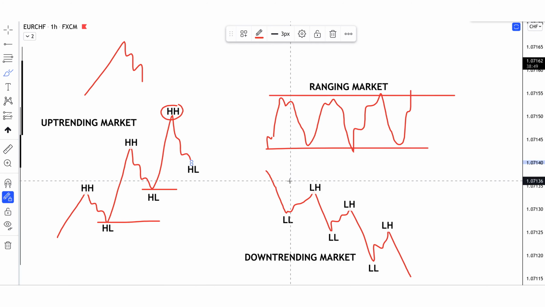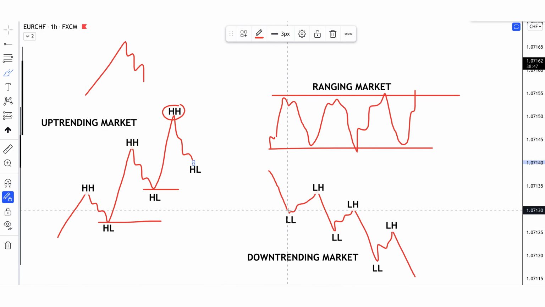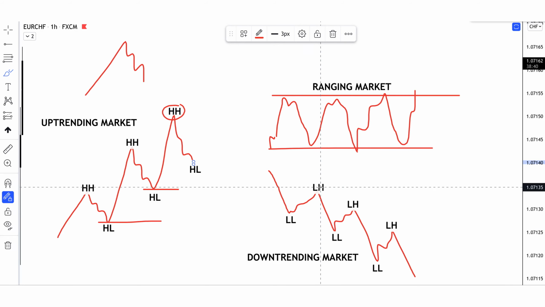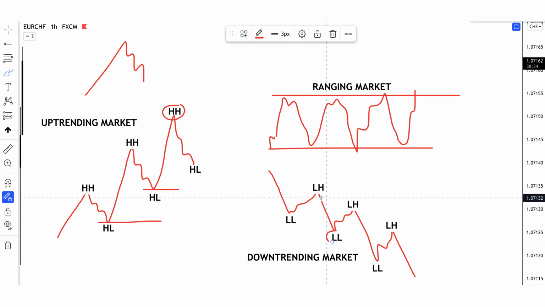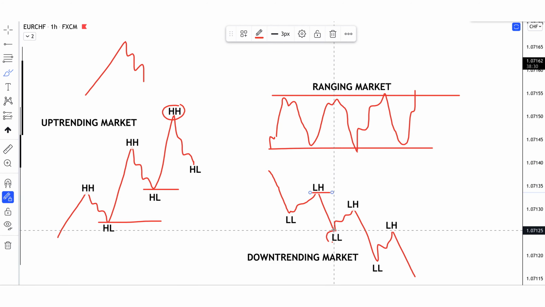The next one that I want to cover here is simply a downtrending market, which is just the opposite of an uptrending market. We have a lower low, we have a pullback, and then once we impulse down and make a lower low, this becomes the most recent lower high. So we have an impulse, then we want to see a correction. We have an impulse, we want to see a correction, we have an impulse.